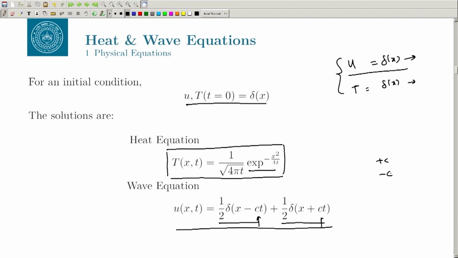It depends on both x and t, and because it is a delta function, it will only be valid at a point which is x minus c t or x plus c t. So we will have a wave travelling: you will feel the presence of the wave at x minus c t, then there is no wave, then again the presence of the wave is felt, and so on. That is how the sound wave equation presents the solution for a delta function.